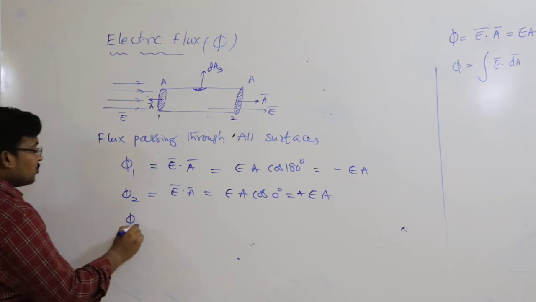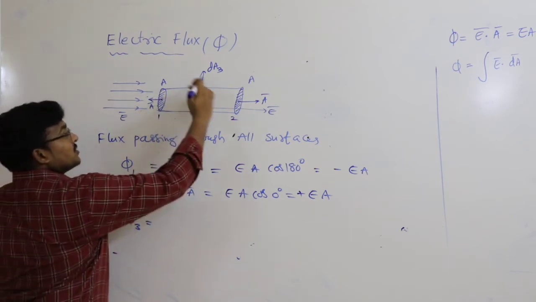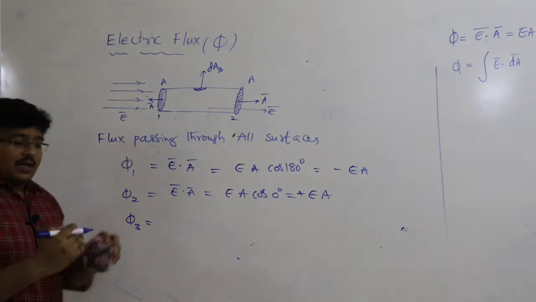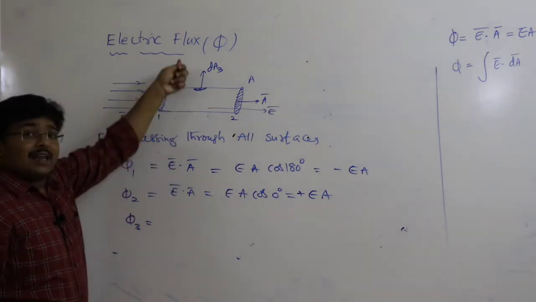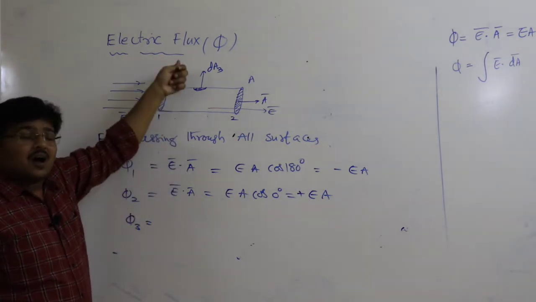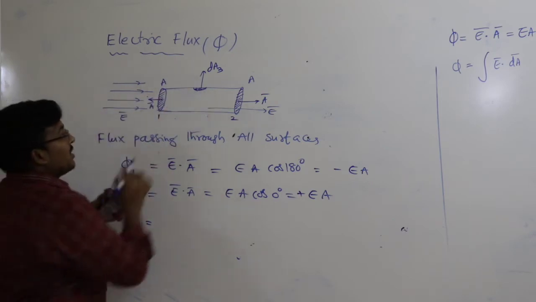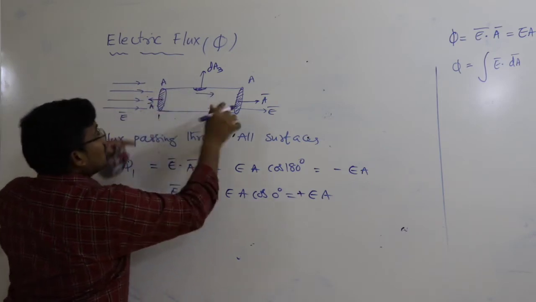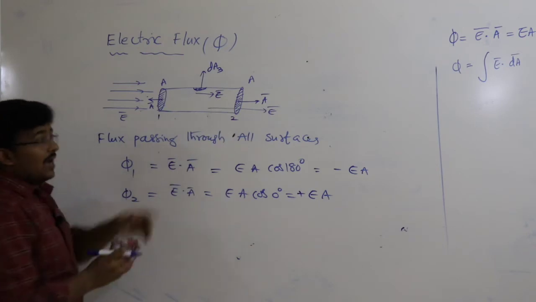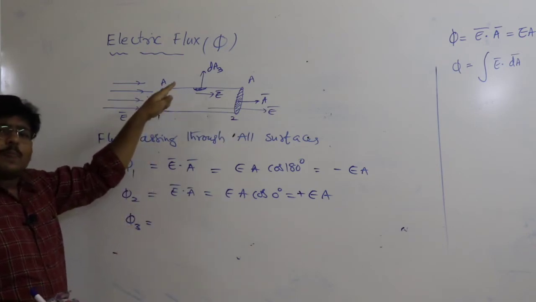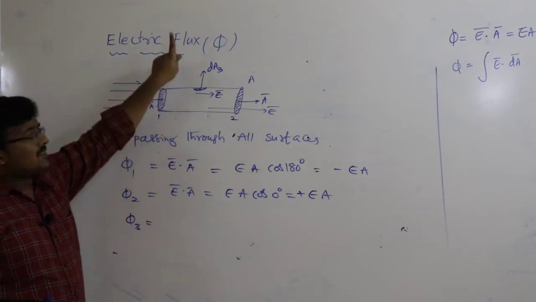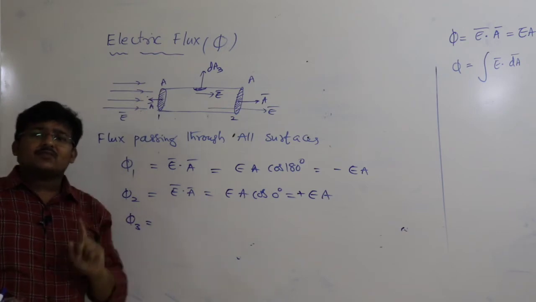Now what is the flux through the curved surface? See, for every curved surface, the area vectors of the elements are perpendicular to the field because the field is horizontal. If you take any element on the curved surface, its direction will be 90 degrees with the field.